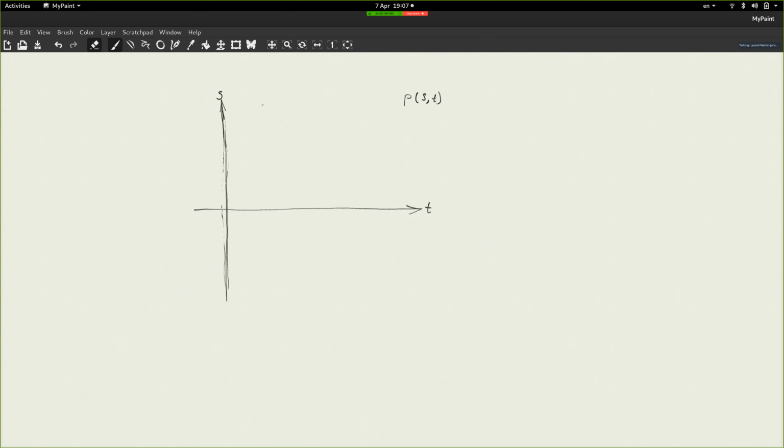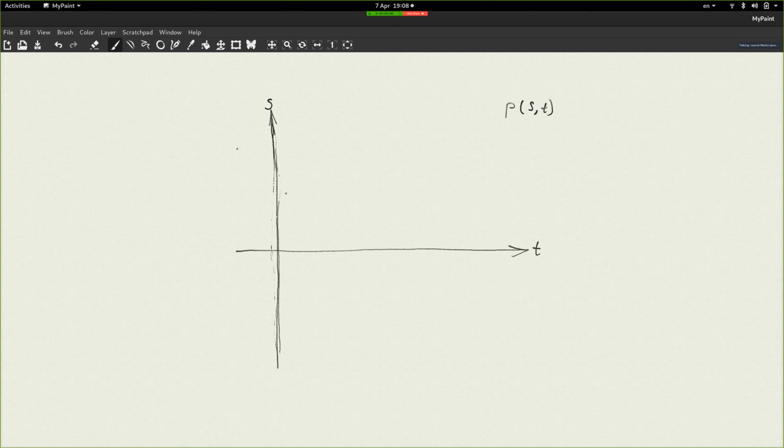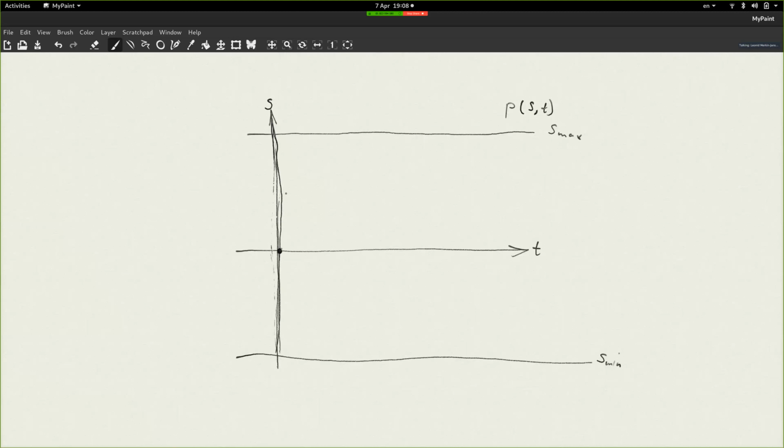So let's say we have some upper bound for S, which I denote by S max, and some lower bound for S, which I denote by S min. Whereas time cannot be negative. So time starts at 0 and it is only greater than or equal to 0.